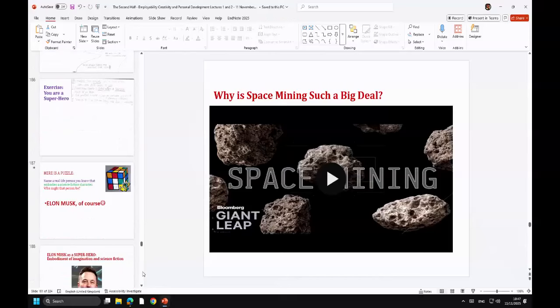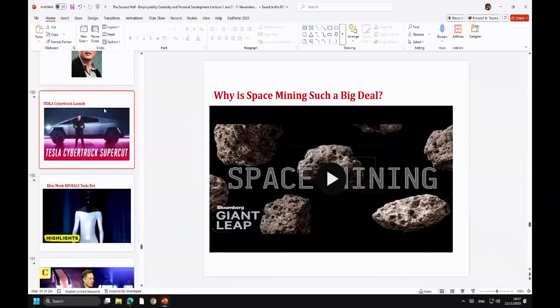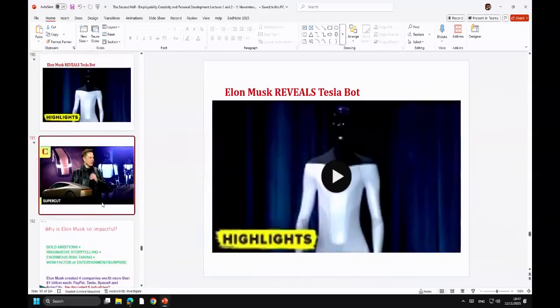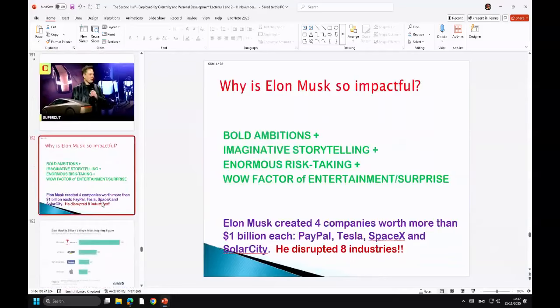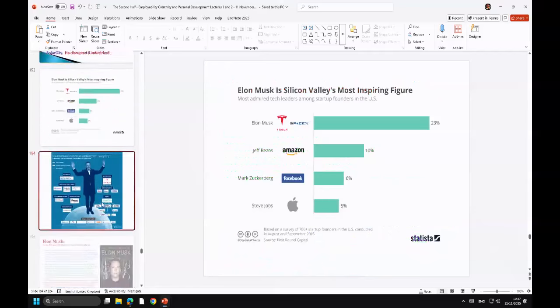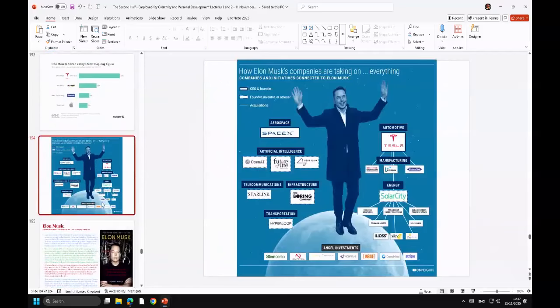So, like, it's all about being more curious, thinking like Elon Musk. How does he do it? Like, can you use his secret success formula? Like, can you combine these, learn from his success formula? And he has disrupted 8 industries, right? Including these, yeah? AI, aerospace, infrastructure, energy, automotive, all these robots.